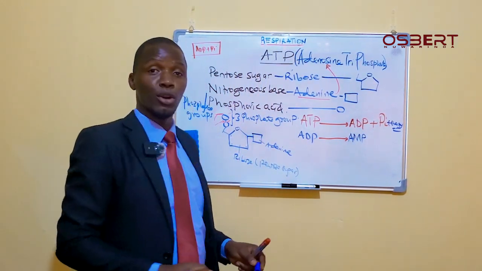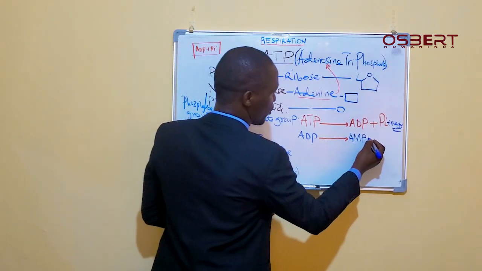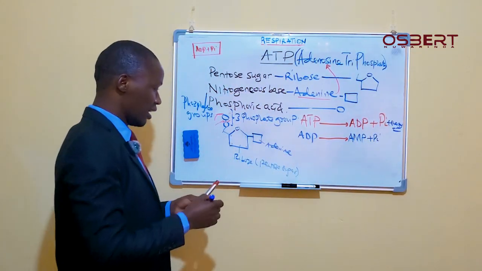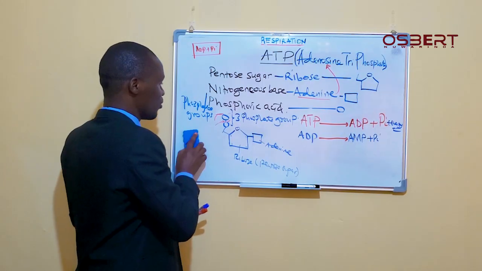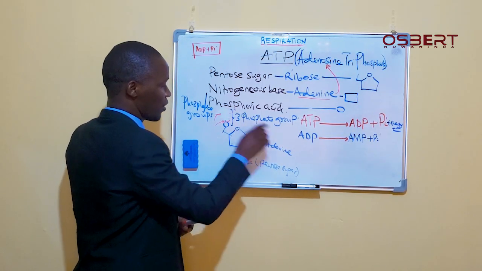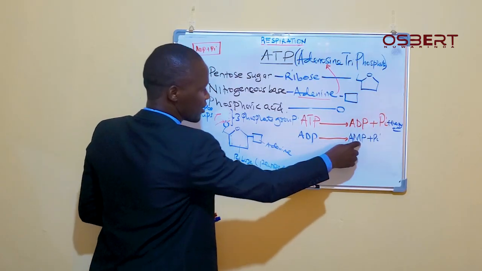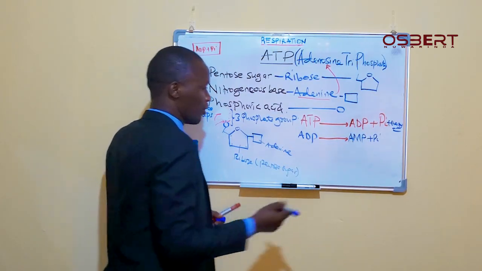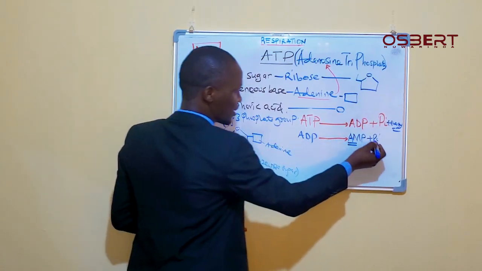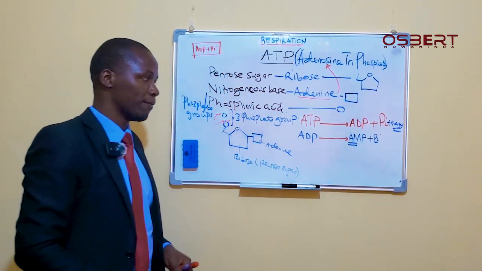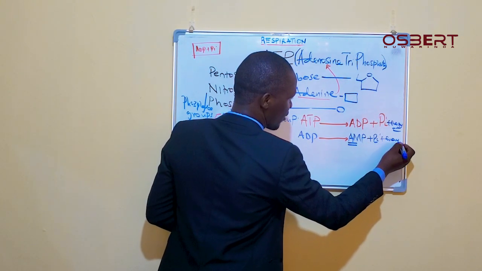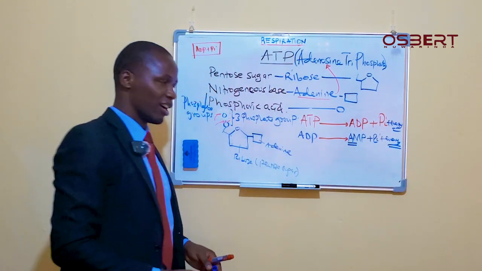And of course now we have one Pi, inorganic phosphate. When you break this one, this one has been removed, so you remain with adenosine monophosphate. The other one which has gone away is the inorganic phosphate. And here we shall also have more energy released.